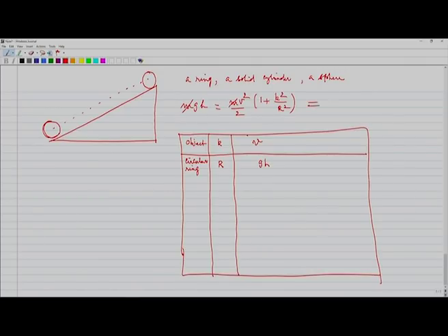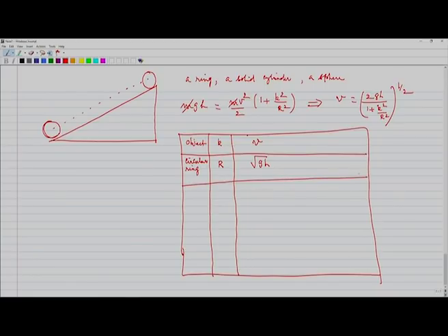From this, v is equal to the square root of 2gh by 1 plus k squared by r squared. So this will be gh, because k is equal to r, so the 2 and 2 will get cancelled. This is what we will have for a circular ring.